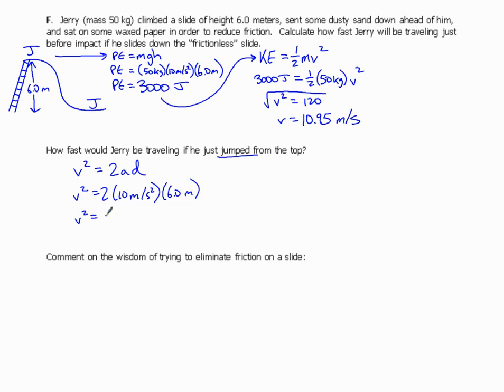So we have v squared equals 120 meters squared per second squared. Velocity equals 10.95 meters per second. Compare these numbers.